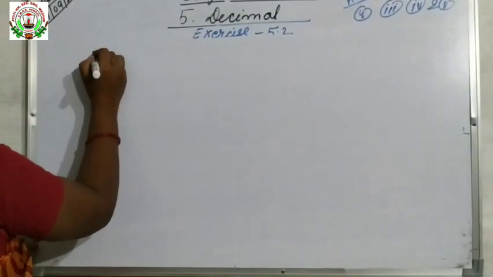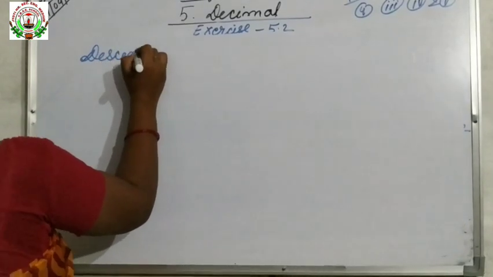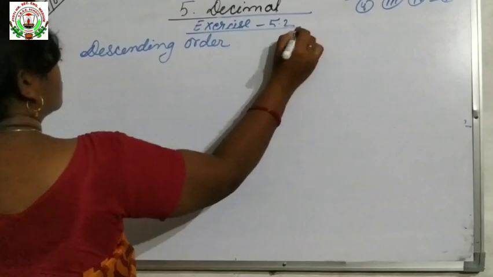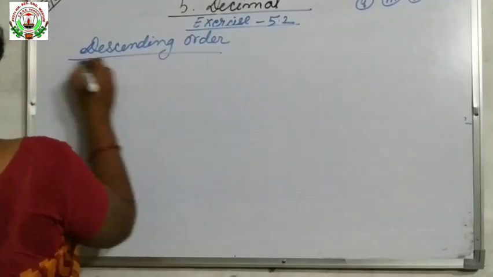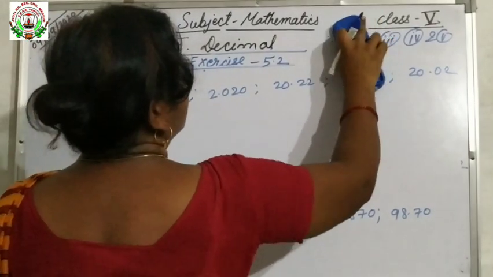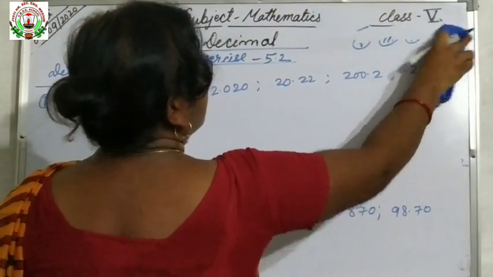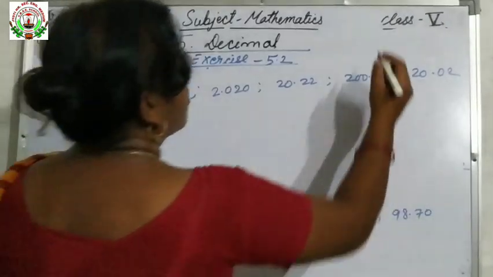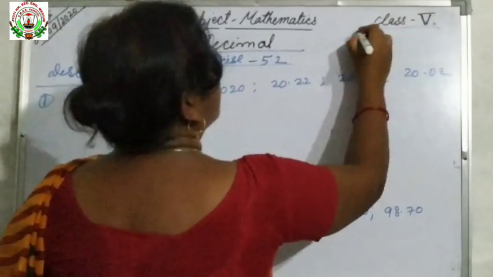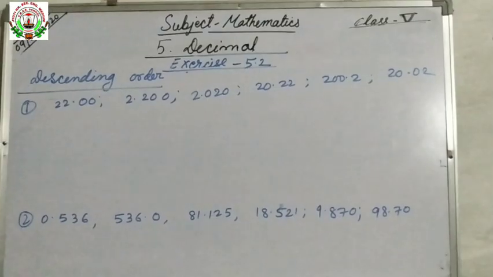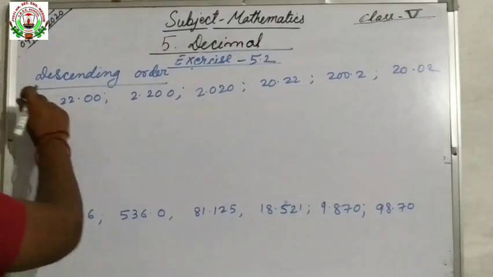Now we will see the descending order. The next question is descending order.